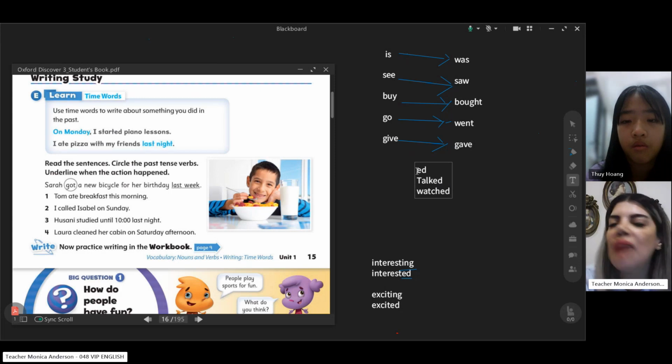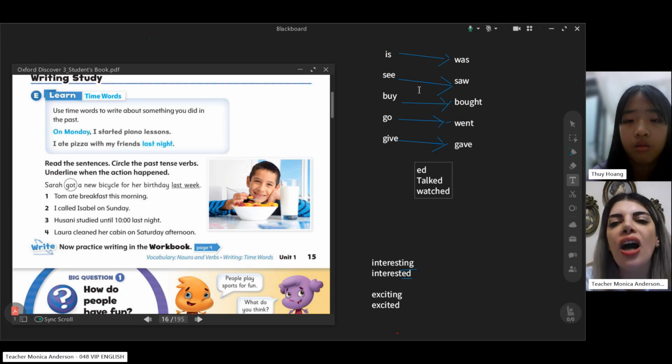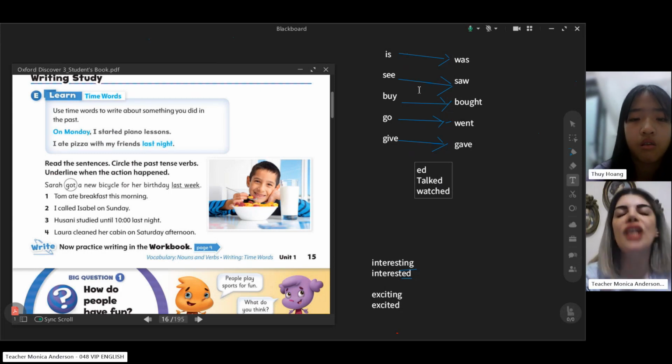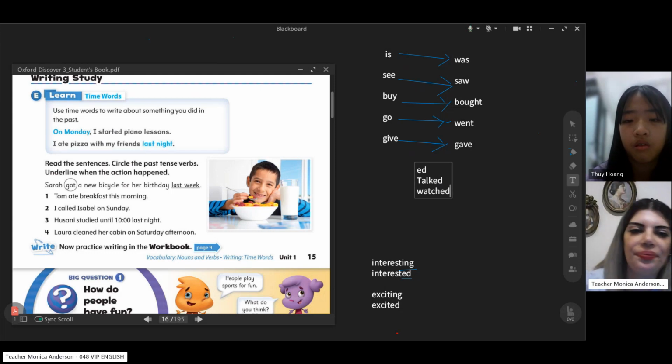But sometimes I can't add ed. I need to change my verb. Like is should be was. See should become saw. Buy, bought. Go, went. Give, gave. Okay, so we need to make them past.